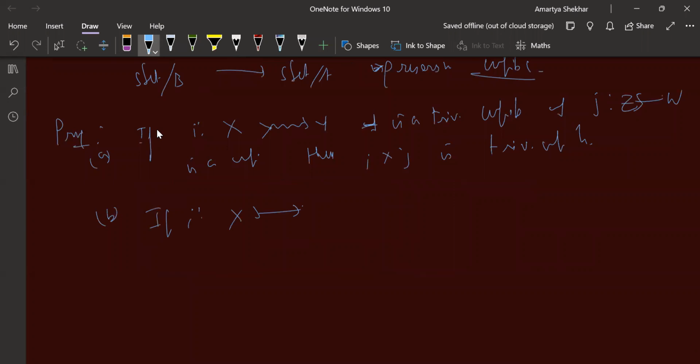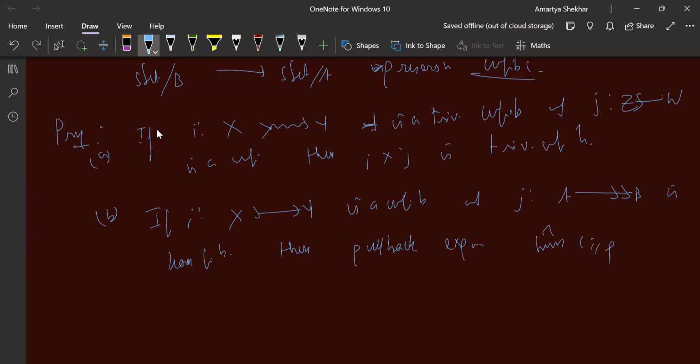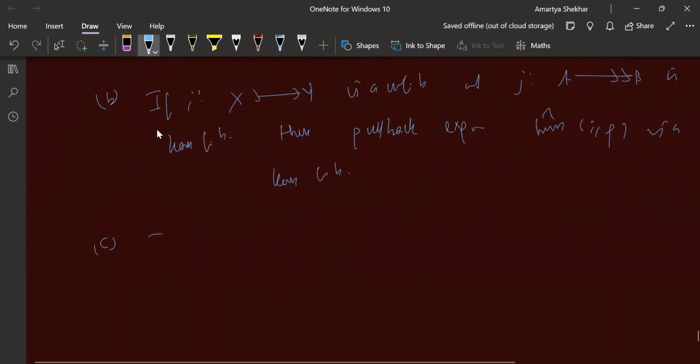So if you take a cofibration and another cofibration, then the pullback exponential, also the way we define it, is a cofibration. And another one, C, is the last.